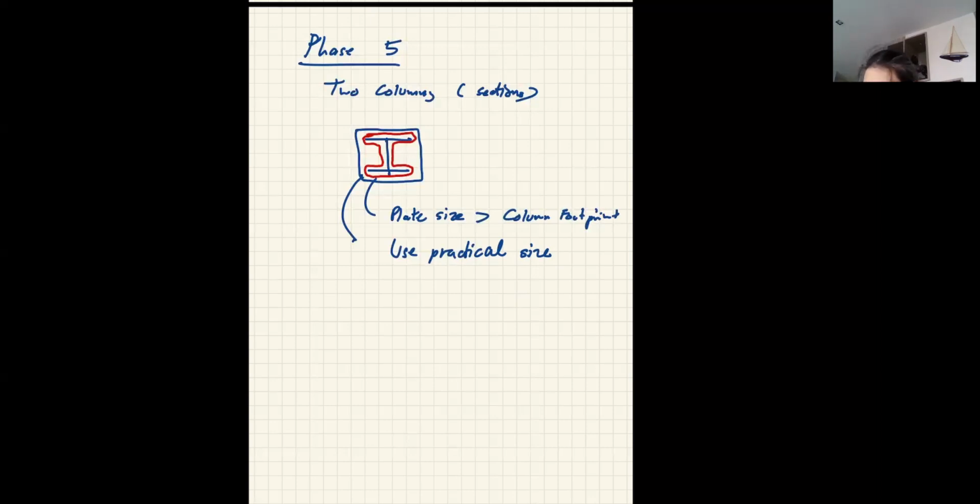Then you can calculate the maximum value for m and n, the cantilever distance on either side, and use that distance to calculate your plate thickness. But don't forget that the Fp for your plate is equal to the load from the column divided by the area of the plate.